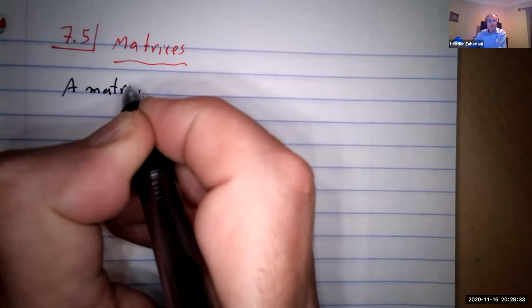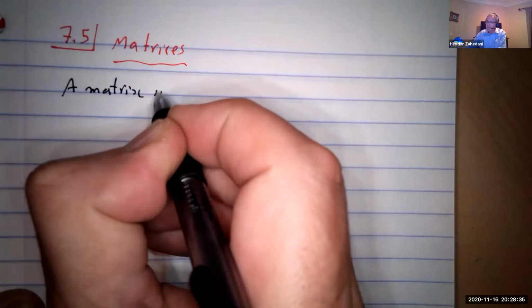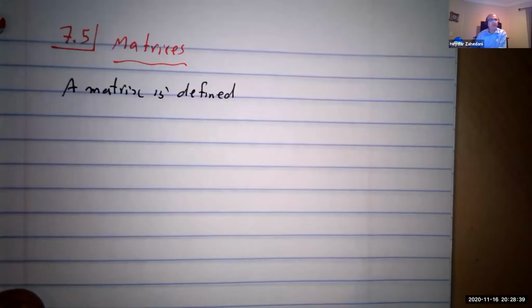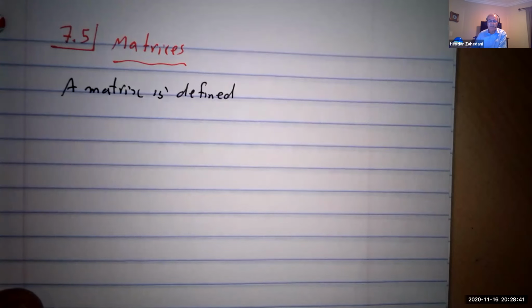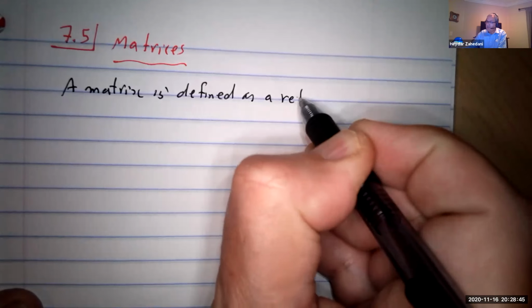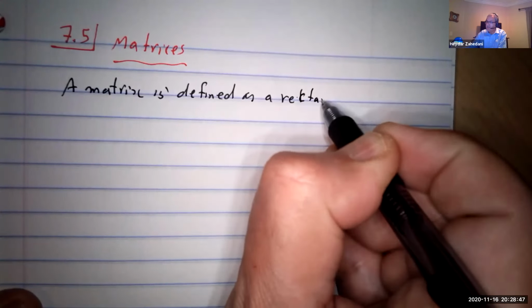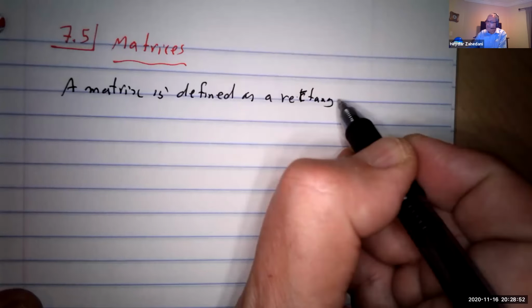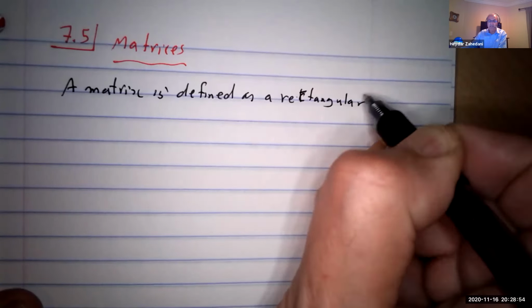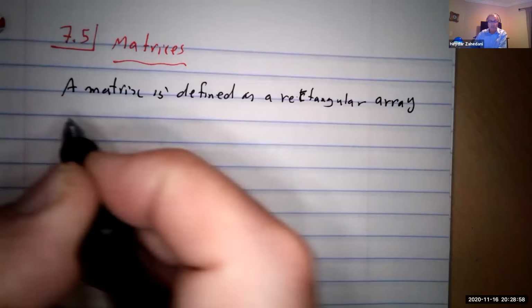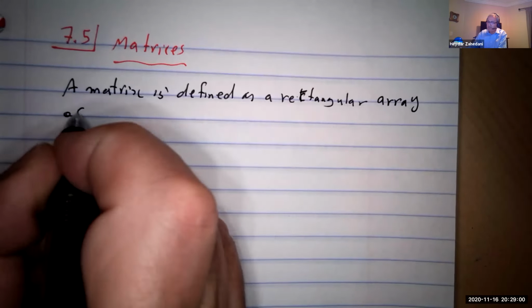A matrix is defined as a rectangular array of numbers.